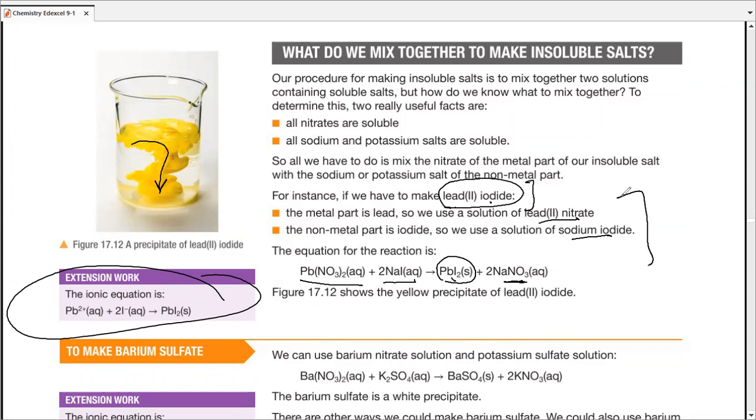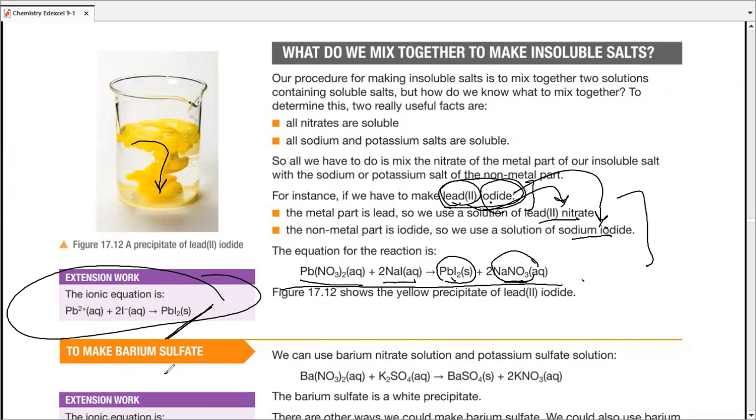Since you know the technique, since you know that the first part becomes a nitrate and the second part combines with sodium, that's how we write the full equation. And we're going to wind up with this ionic equation and this spectator ion every single time if we use nitrates and sodium.